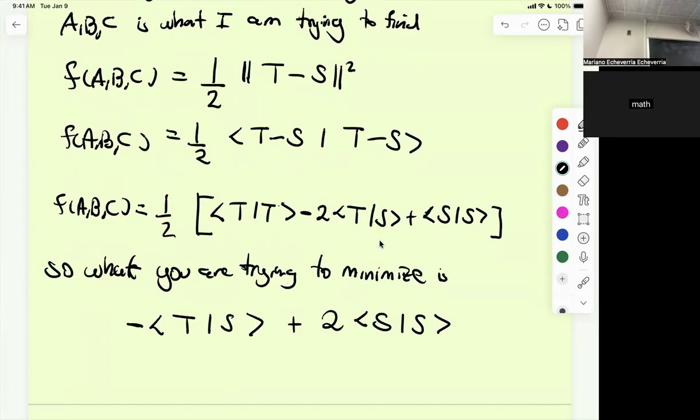Yeah, you're right. So 1/2 instead of 2 things.